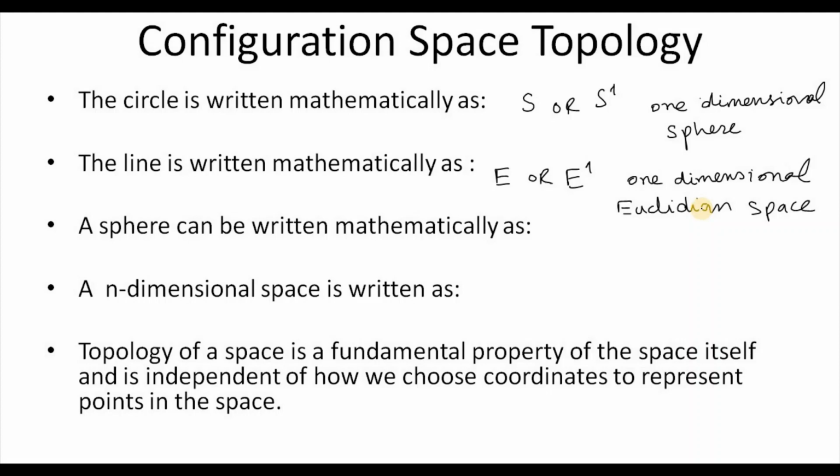After choosing an origin and a length scale, it is often written as R or R1 instead. So we can also write R, or R power 1. This is real numbers. So if you want to represent a line mathematically, you can write either E power 1 or R power 1. This is standard.